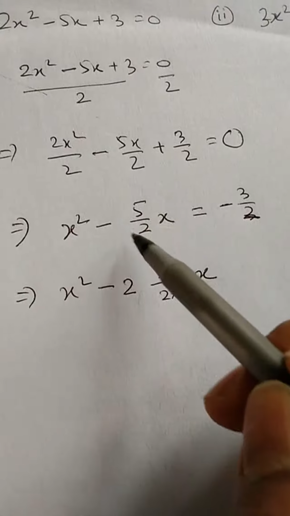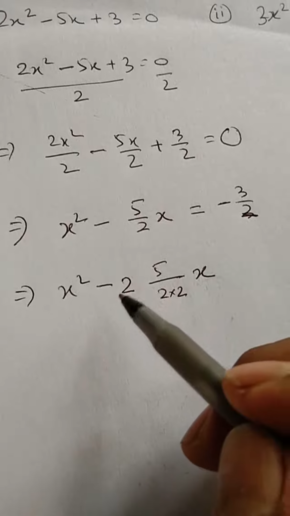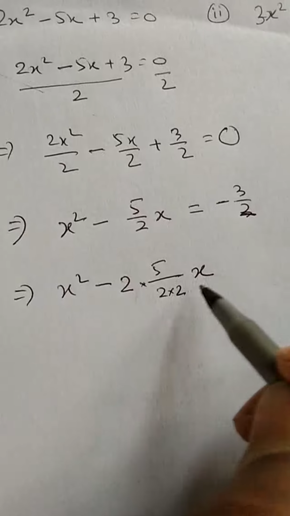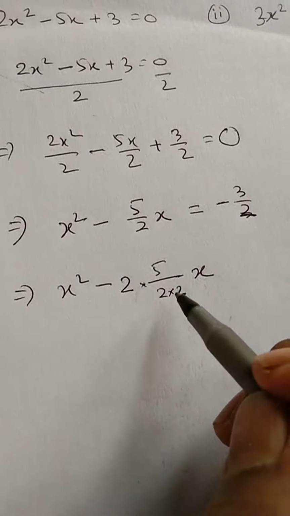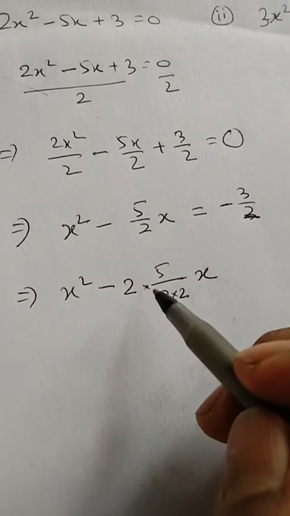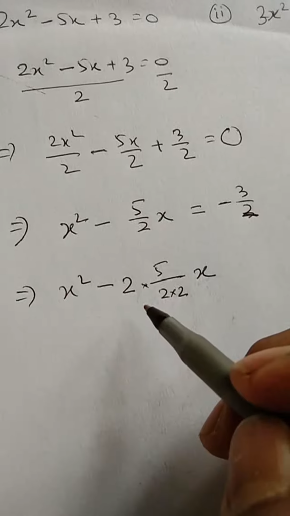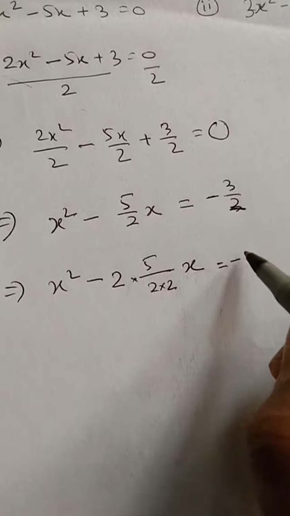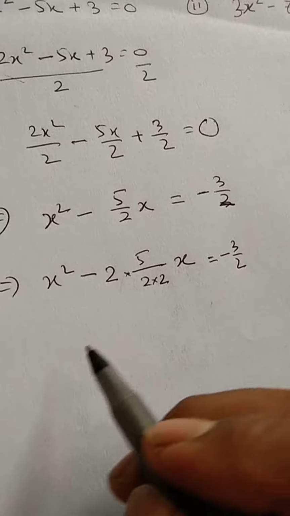So in place of 5 by 2, we have written 2 into 5 by 2 into 2 into x. We have written this because we need 1 2 here to complete the square. So the right side will be the same here, minus 3 by 2.